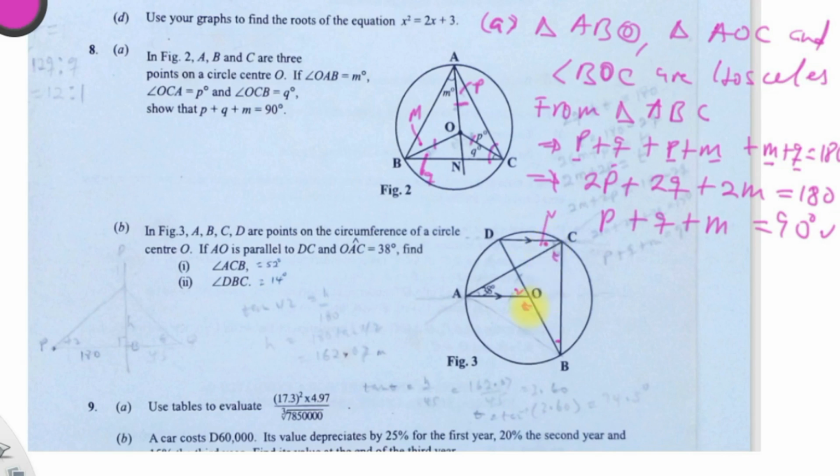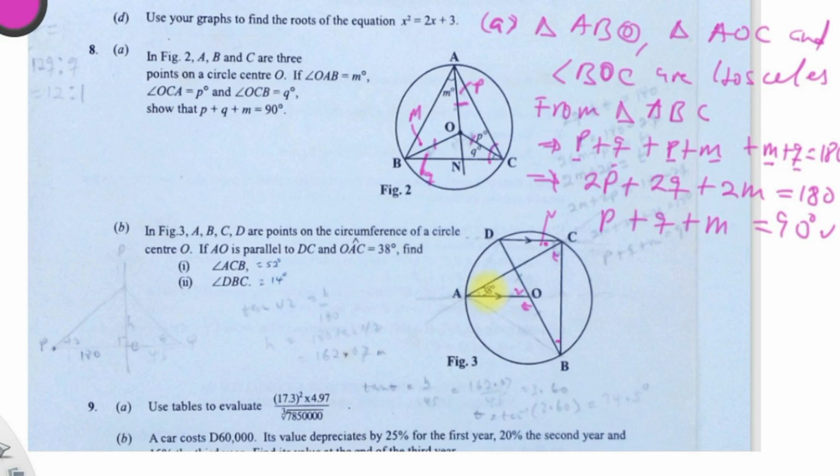Okay, fine. So let us say we are also told that DC and AO are parallel. You can't take that for granted. It is useful, that's why the question asks us that information.